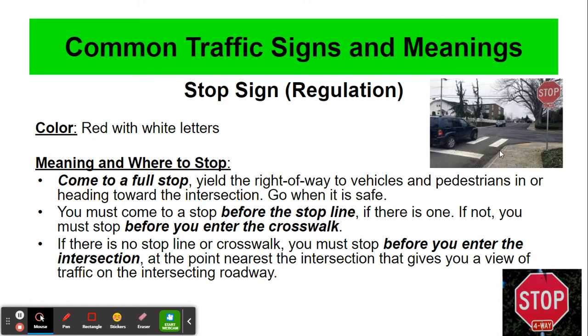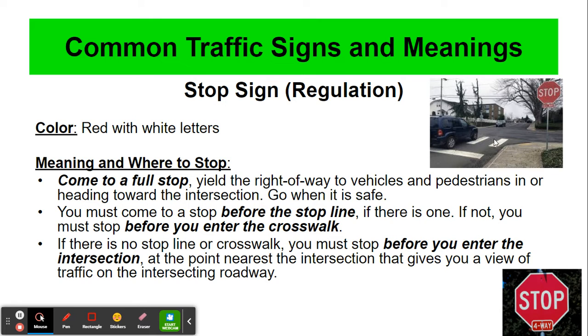Now, what happens if that is so recessed that you can't see the oncoming traffic? Once you make your full stop, and so long as there are no pedestrians, you are expected to creep up with your car. Creeping up means taking your foot off the brake, allowing your car to move forward just a bit, and then putting your foot back on the brake.